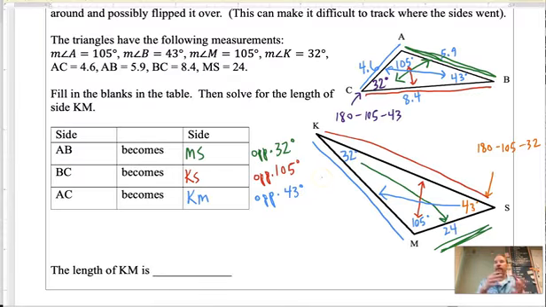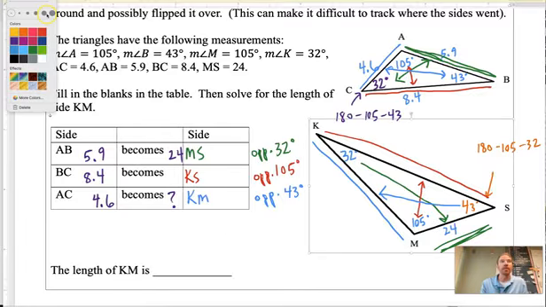So now, if you haven't yet, take a moment, pause the video if you need to, and see if you can figure out what's the length of KM. One thing I've also done that might help you is I filled in the measurements that I know into the table. So I squeezed in the 5.9 next to where I have side AB, and I squeezed in the 24 next to MS, etc. How this helps me is I can create a proportion here.